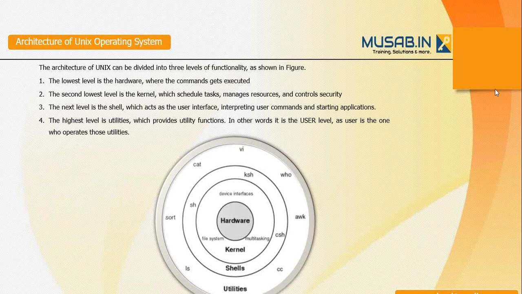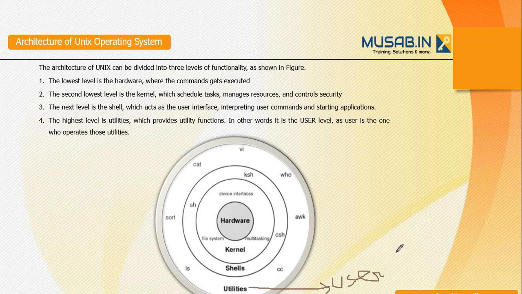At the end of this particular figure, you see utilities, which is nothing but user level. It has some levels, guys. The topmost or endmost thing is user level, where the user will be logging in and using certain commands in order to work.